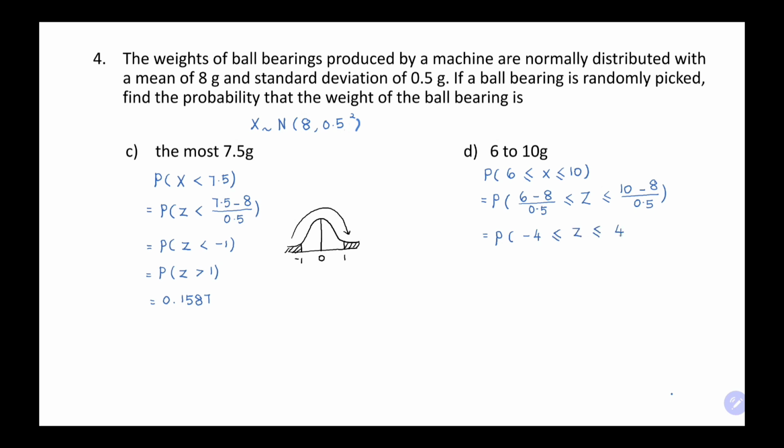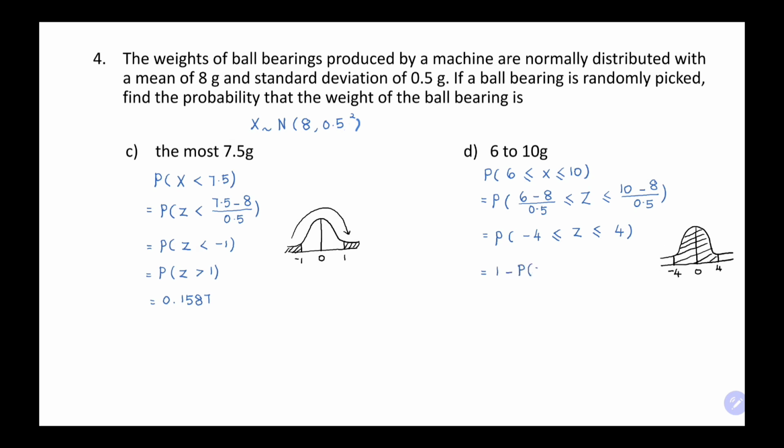So kita tak boleh nak baca table, kita kena sketch dulu the area. From negative 4 to 4. To find this area, we take the total area 1 minus these 2 tails.